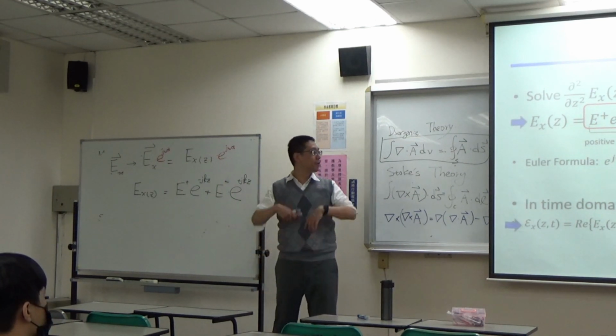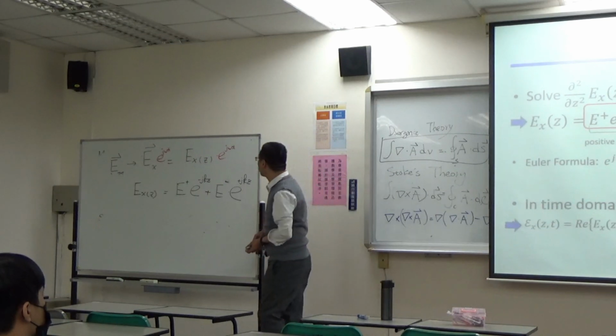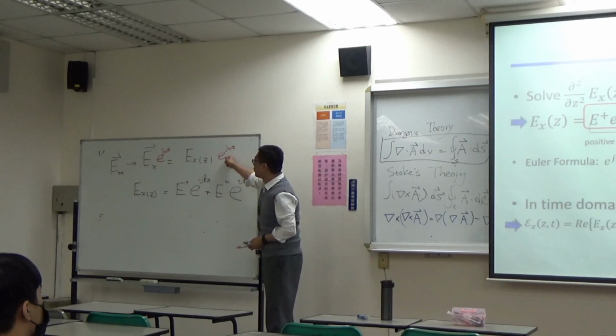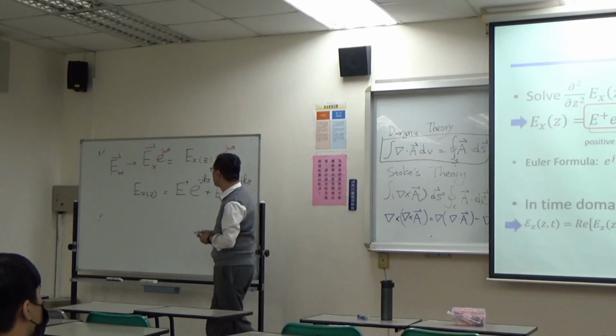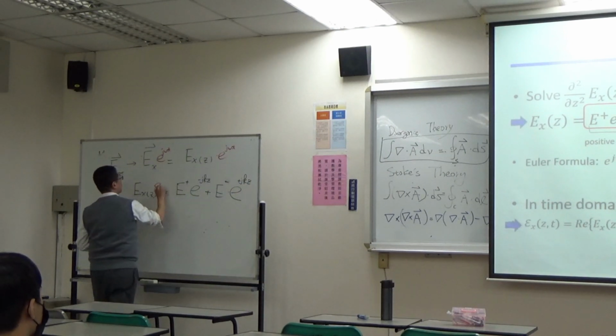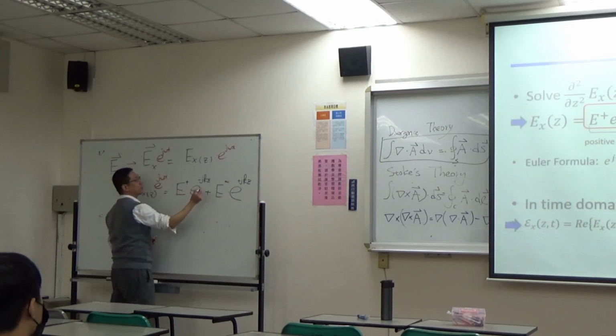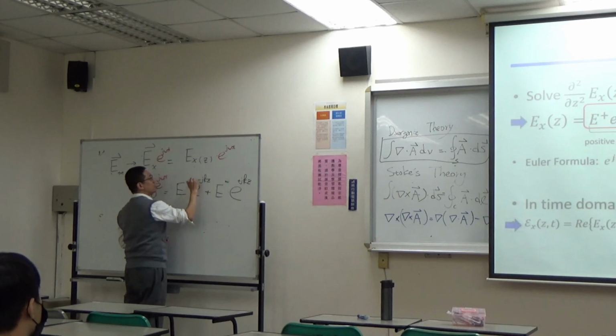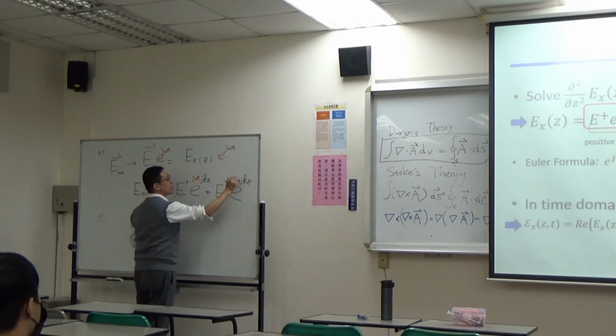And furthermore, if you want to see the time domain, you just multiply exponential j omega t, and this is j omega t and j omega t.